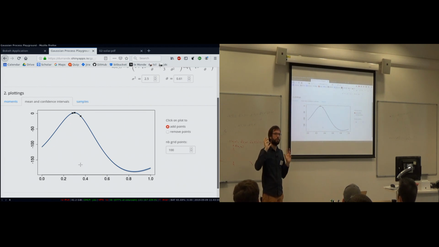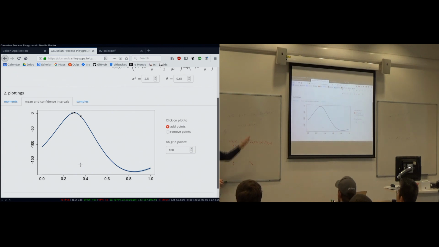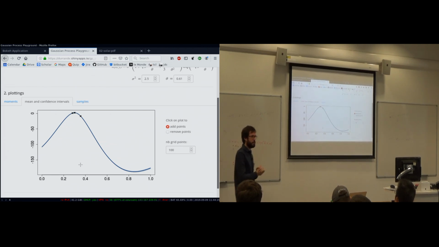What you should have in mind is that it returns to the prior when you are far away from the observations. But keep in mind that's only true for these kinds of covariances. We've seen covariances like linear covariances, where you will not go back to the prior, because one observation will have correlation with points that are very far away. So this is just for this specific type of covariance.